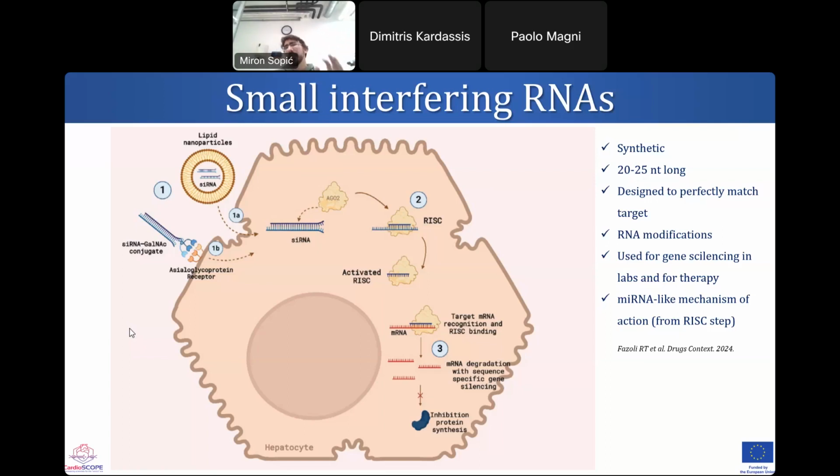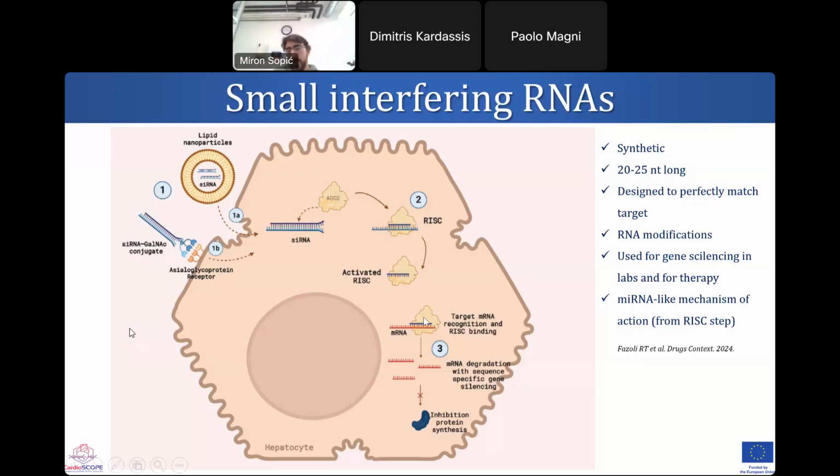Everything else is more or less the same as for microRNAs. They are 20 to 25 nucleotides long, but because they are synthesized to perfectly match the targets, there is only one outcome when you transfect cells with small interfering RNAs or use them as a drug.